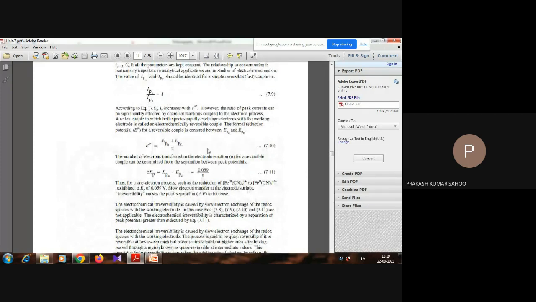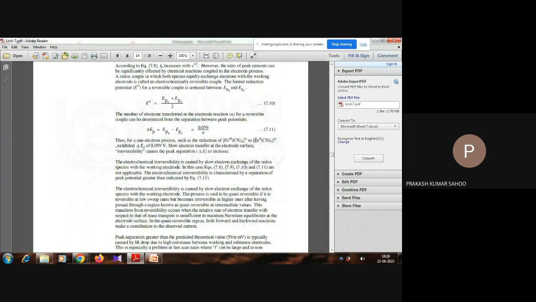Then many more mathematical equations are here. That is again E0 equal to EPA plus EPC by 2, and delta EP equal to these things. It is just from your Nernst equation.